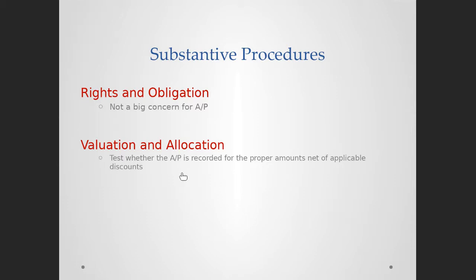If they don't record the discount, that's also no problem. The discounts are not that much for 1 month, so we're only worried about the accounts payable for 1 month, or even 1 week, right? So we want to make sure the value of the accounts payable is recorded correctly.